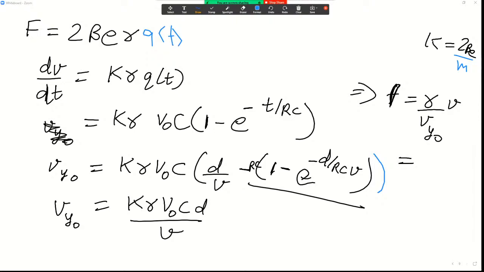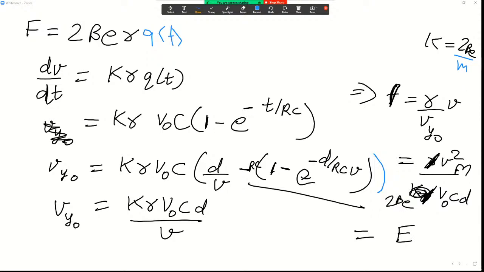So we have R V square by K R V0 C d, and R gets cancelled out. We can get M V square, put M by 2 beta E. So we have E by beta E.